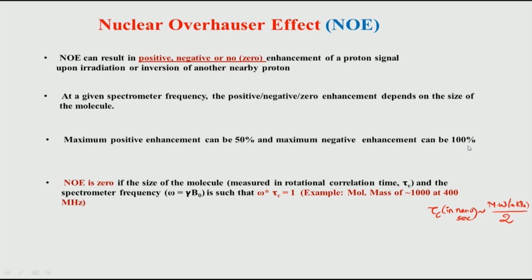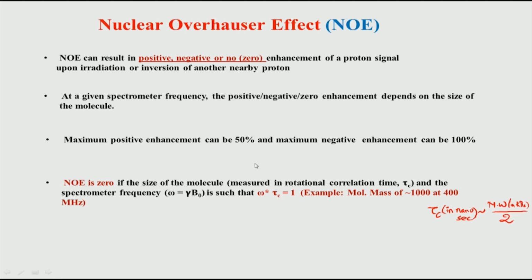This is the theoretical limit. The theoretical limit on the positive enhancement side is 50%. That means, if your omega tau c is less than 1, if it is tumbling fast, then on the positive side we call it positive enhancement, and you can go to a maximum increase of the signal of up to 50%. So, this is the theoretical limit in which we work.